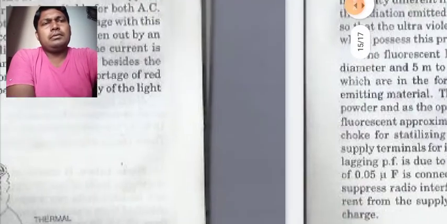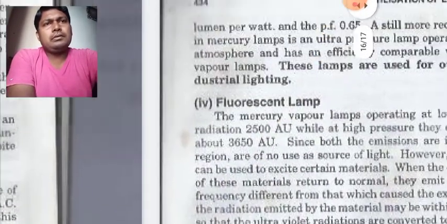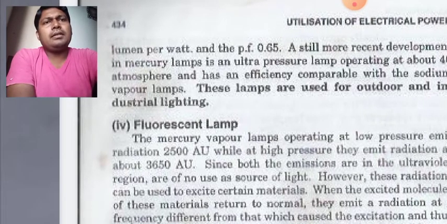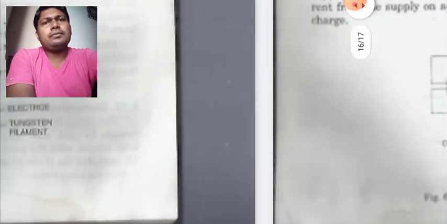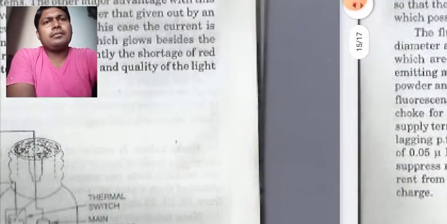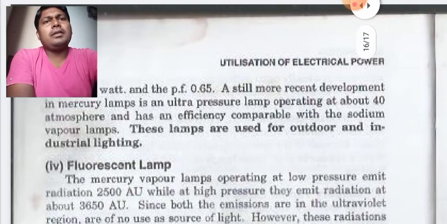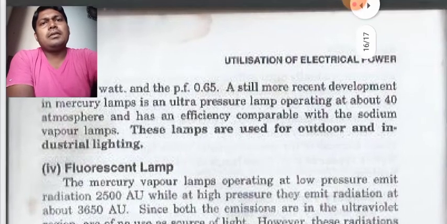The lumen per watt is given, and the power factor is 0.65. So in this lamp the power factor is 0.65.